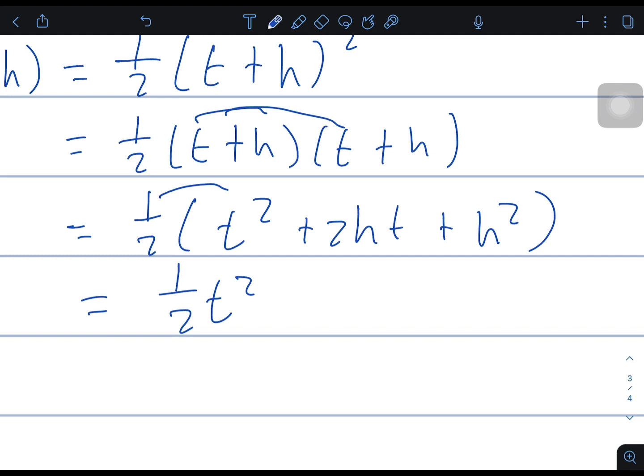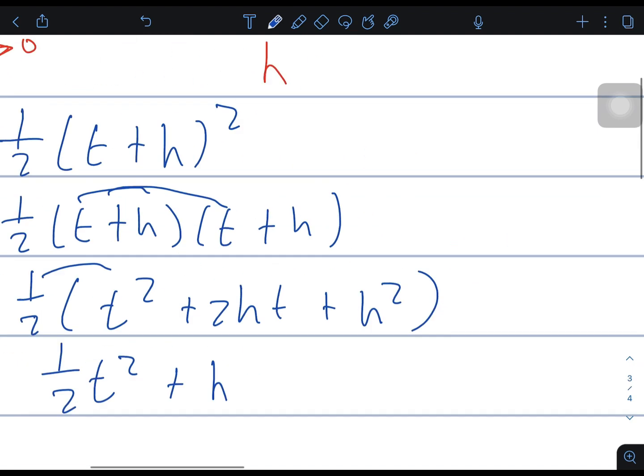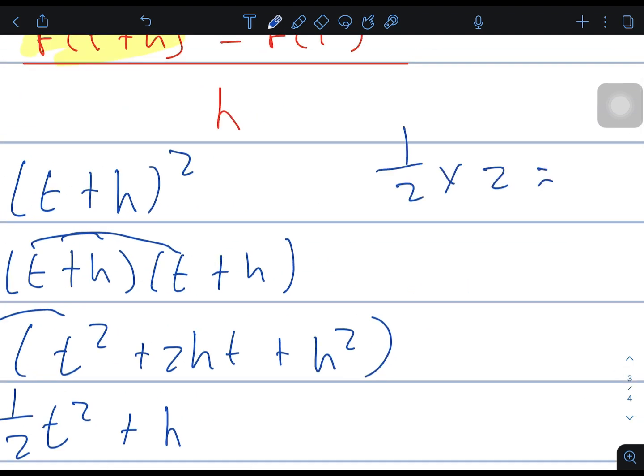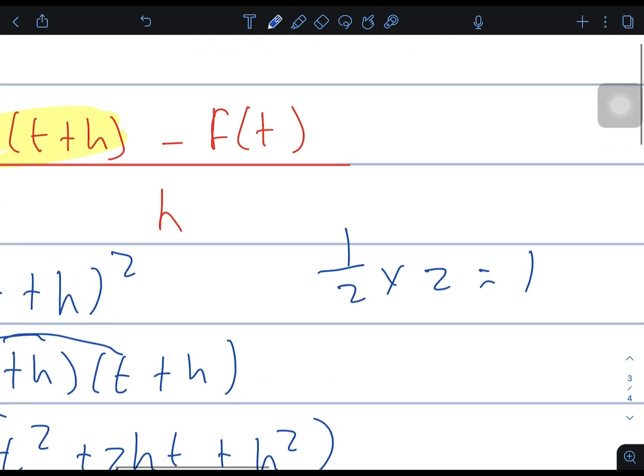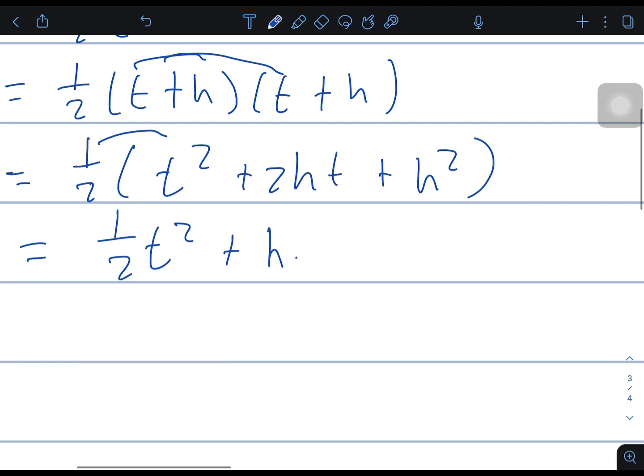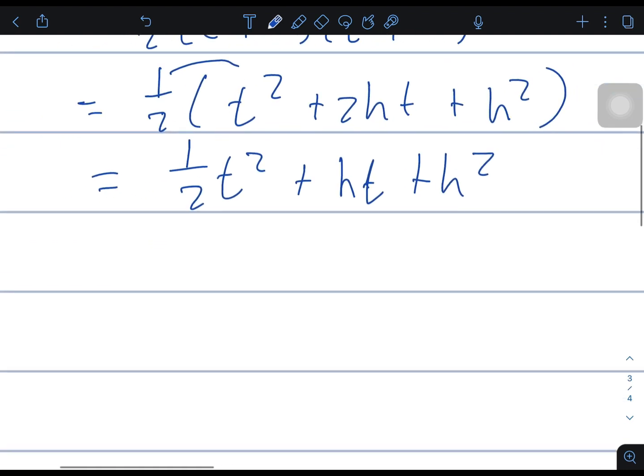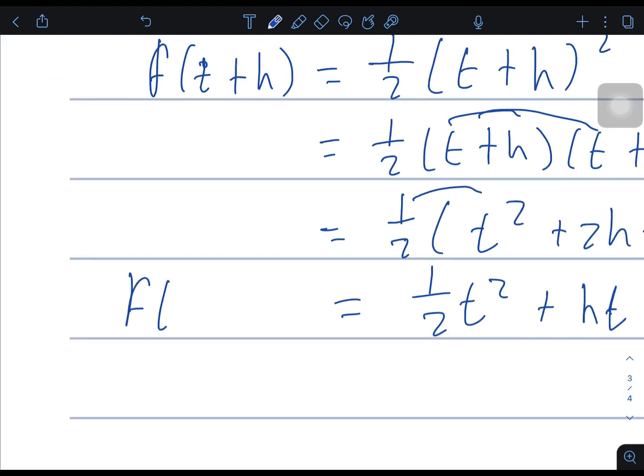Then 1 over 2 times 2ht is ht. Remember, the 2's will cancel, so we remain with h times t, because 1 over 2 times 2 is 1. Then plus 1 over 2 h squared. So basically we have found f of t plus h.